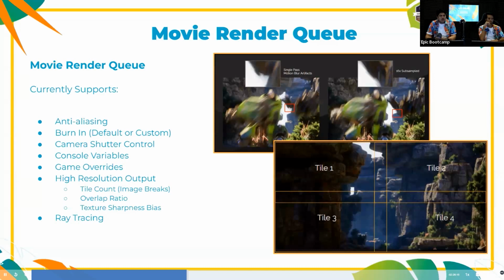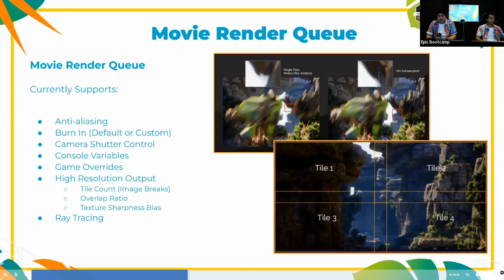You may think, okay, we didn't have that before. Yes, we do have that control inside the camera, but all the effects that are related, for example, to motion blur, you're not able to see on the editor, and you're also not able to see while rendering with the movie scene capture. So having the camera shutter control will help us get this very natural shutter speed that we're looking for.